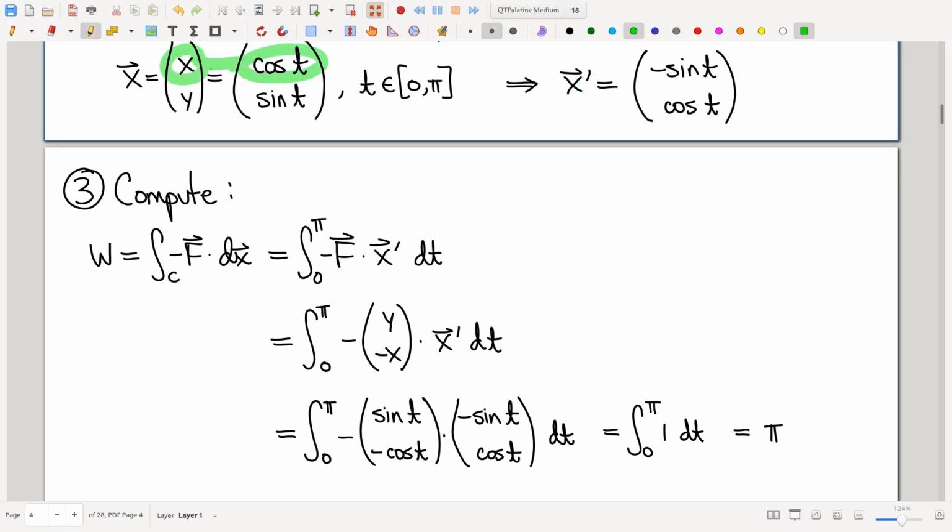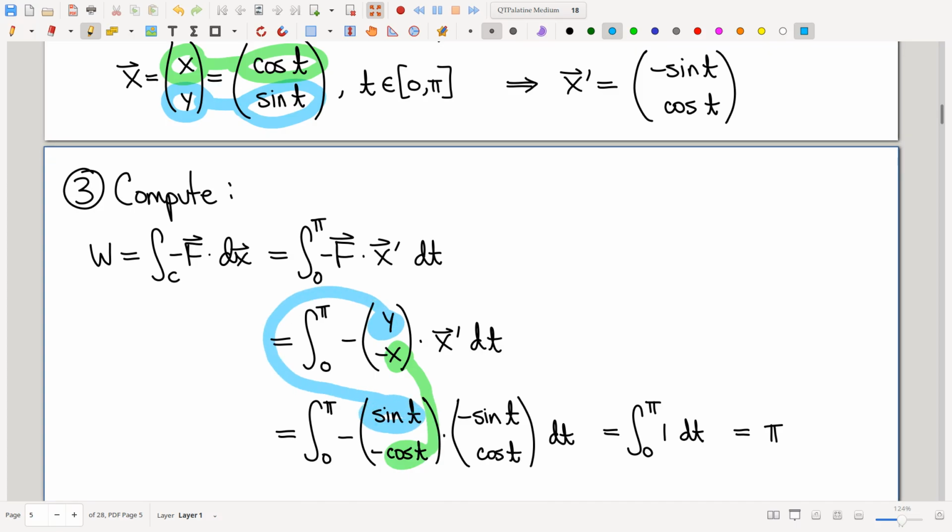x and y are given in the parameterization. So this x right there is cosine t. And y, again, given in the parameterization. So this y right there is sine t.